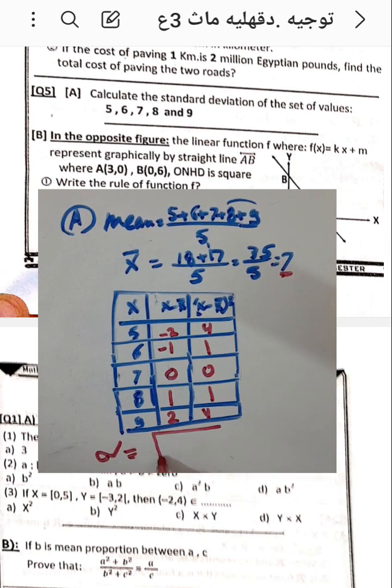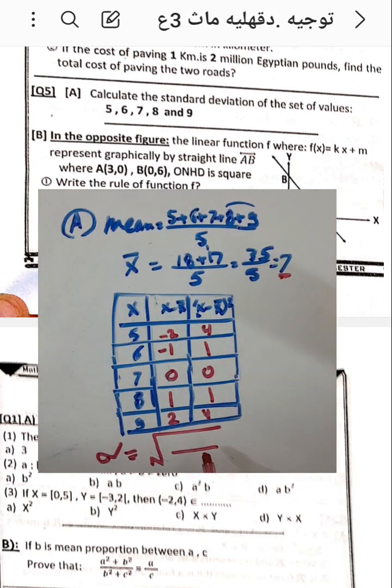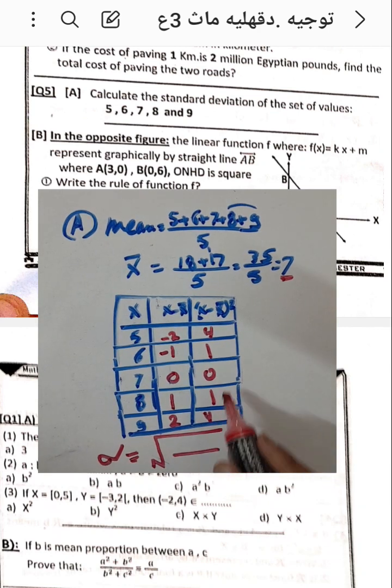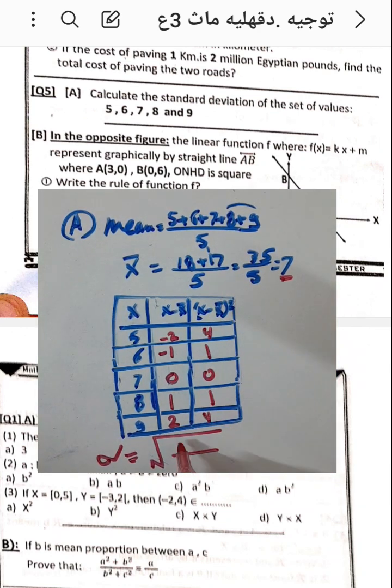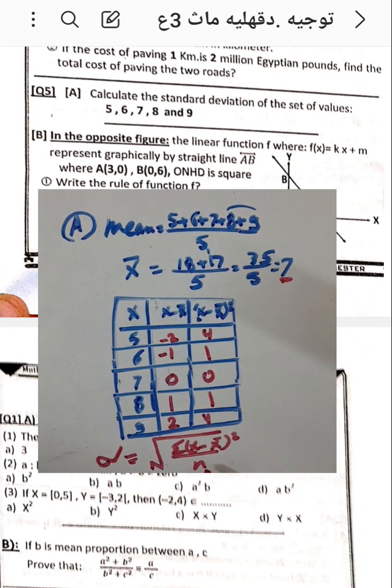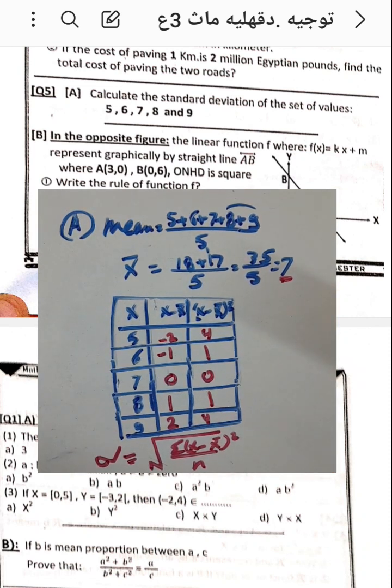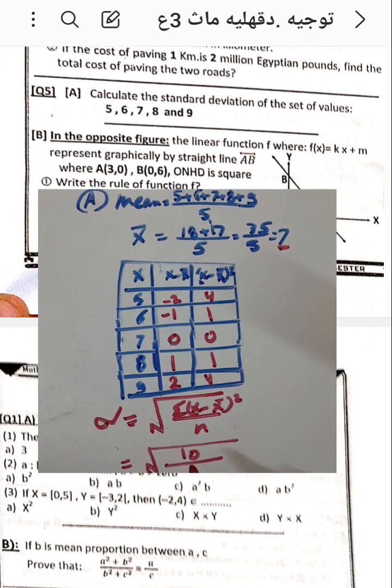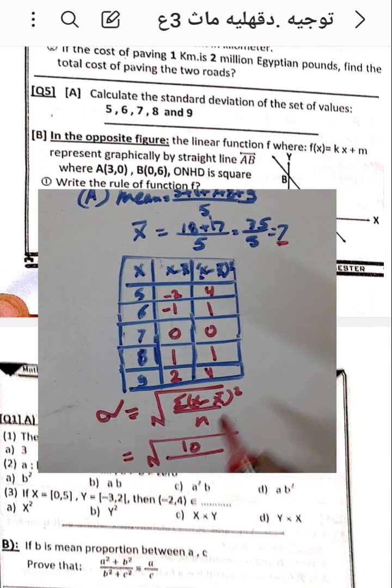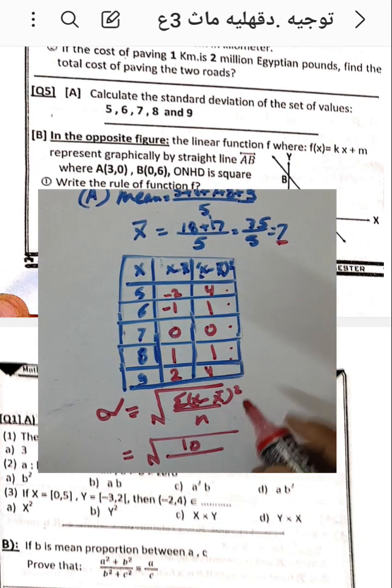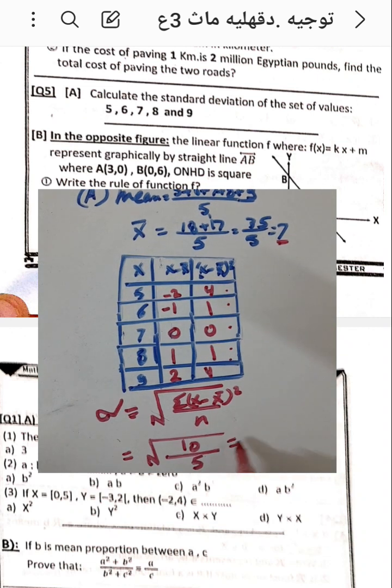Write square root of the summation of x minus x bar power 2 divided by the number. 4 plus 1 is 5, 5 plus 5 equals 10, 10 over the count, 1 2 3 4 5, we have 5, so the result will be square root of 2.